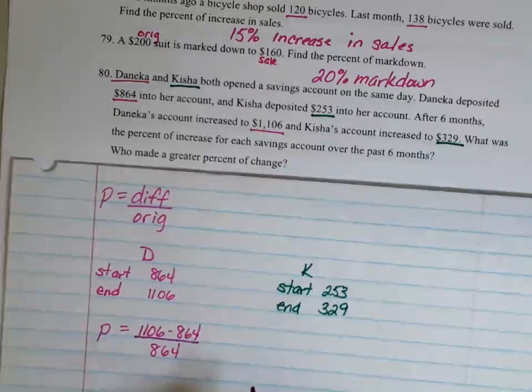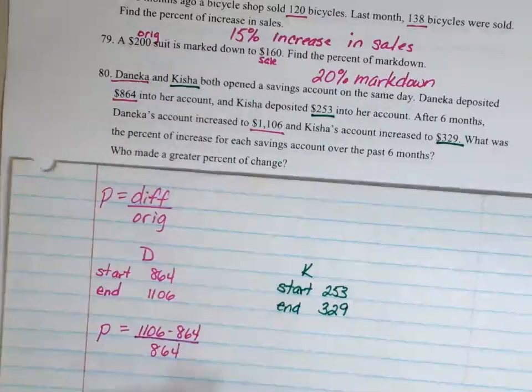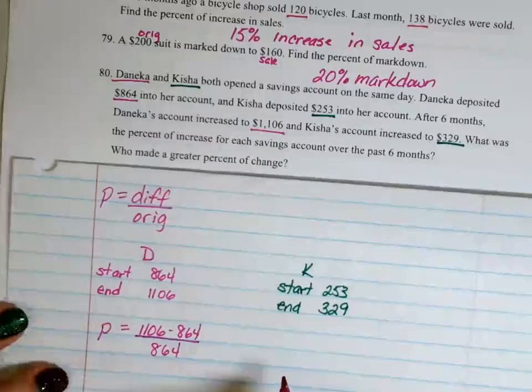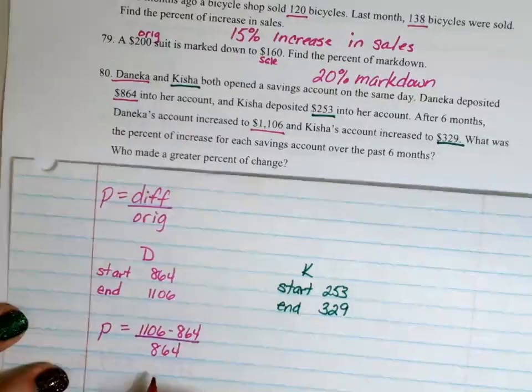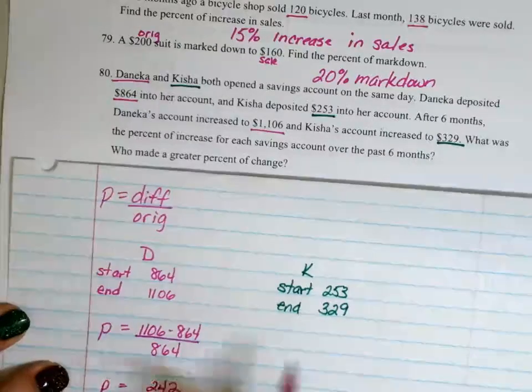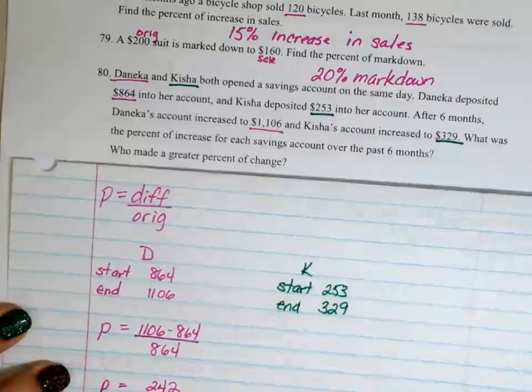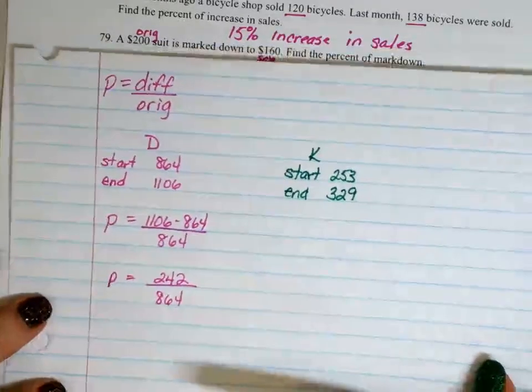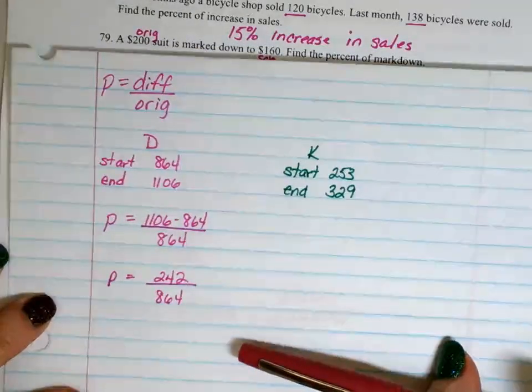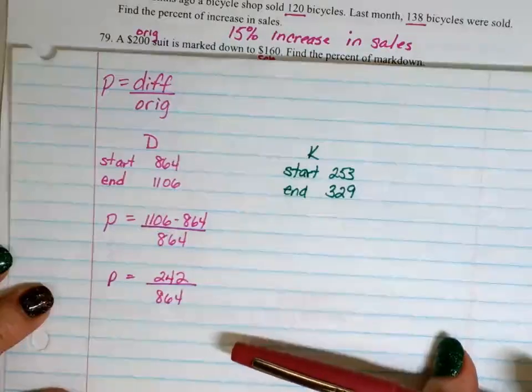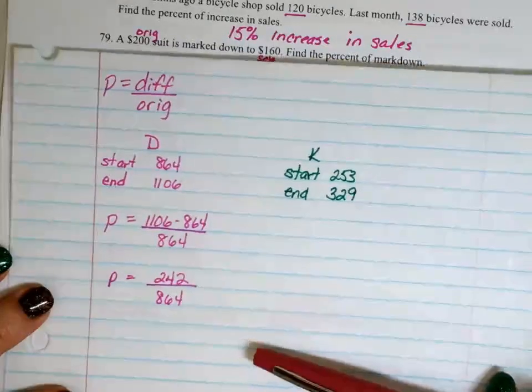So 1106 minus 864 is what? So I have 242 divided by 864. So listen to what I'm saying and write it down. 242 divided by 864.